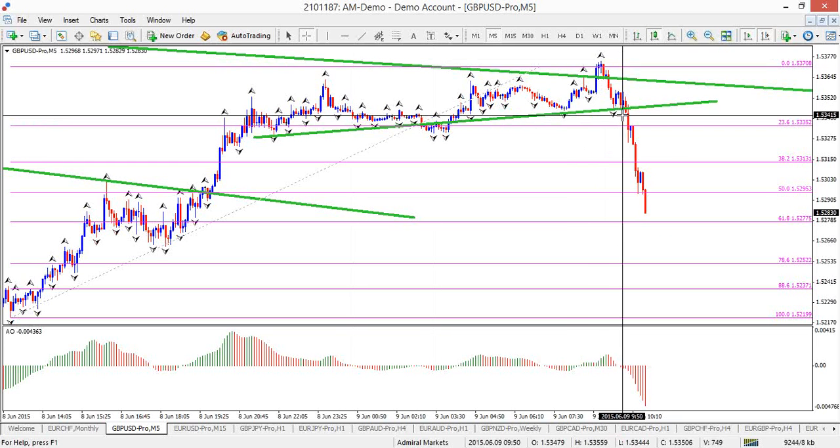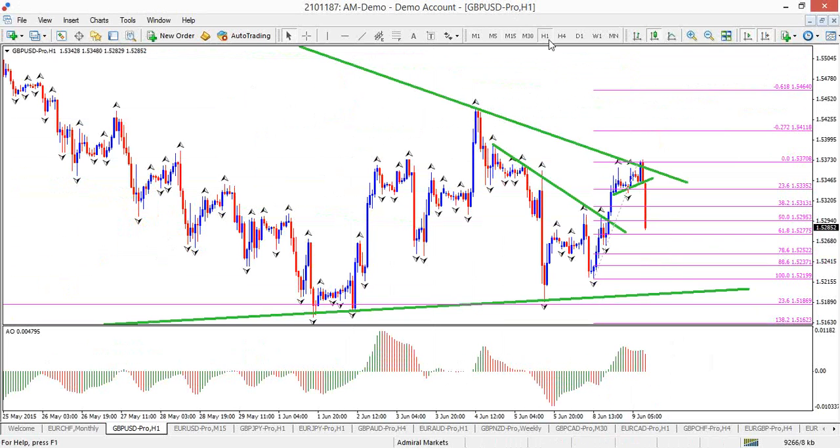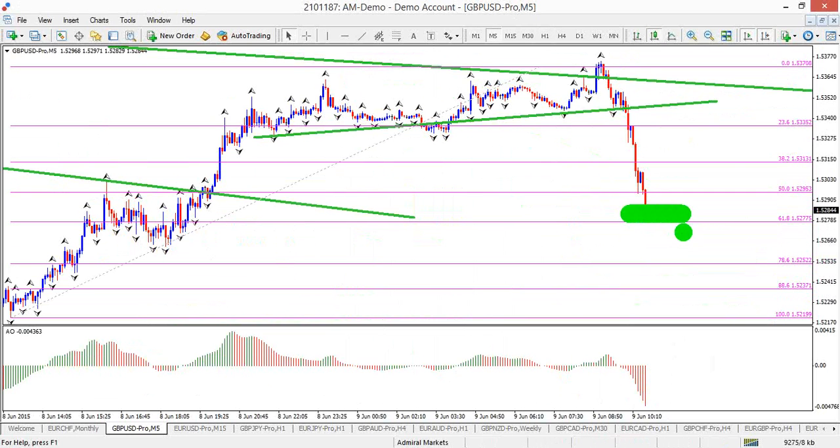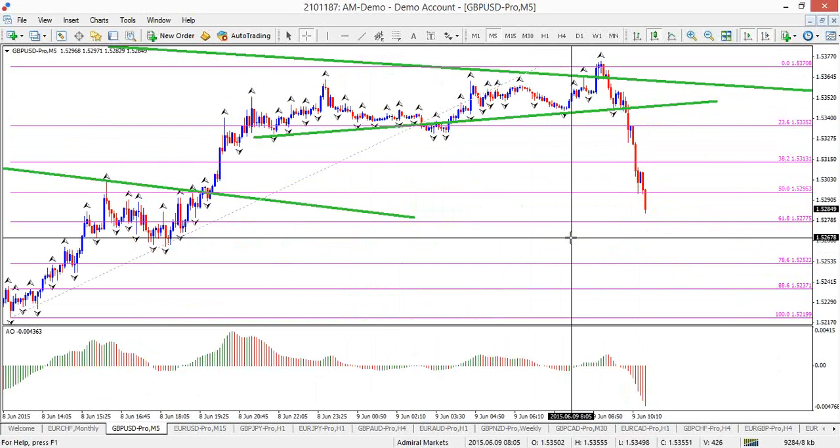If someone took the break, the counter trend break somewhere in here, then I would personally even be looking for taking profit. Probably right here actually, and just book those 55, 60 pips.